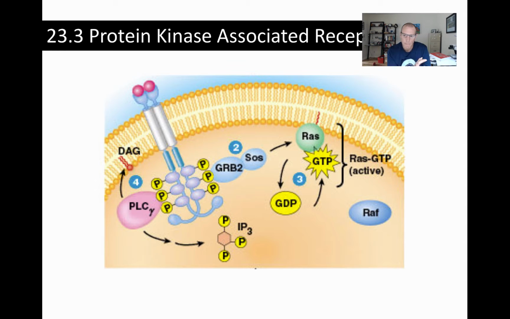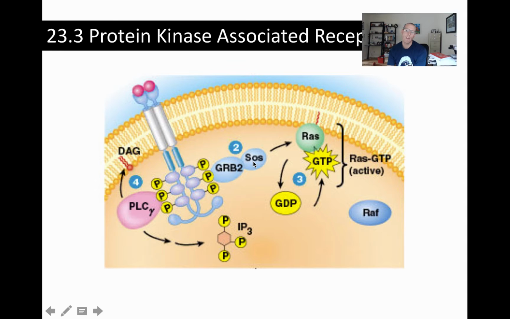It's monomeric. And so RAS, like the G proteins involved with the G protein-coupled receptors, binds GDP or GTP, but it's only active when it's bound to GTP. So it's got these two states, active with GTP bound and inactive when it's got GDP bound. To get into the GTP-bound state, RAS has to get some help from this protein SOS.